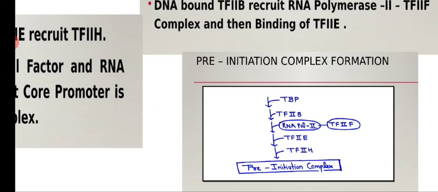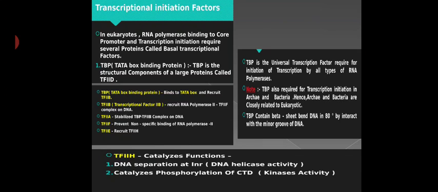Transcription factor 2F mainly prevents the non-specific binding of RNA polymerase 2. Then transcription factor 2E recruits transcription factor 2H. Transcription factor 2H performs the main function, that is separation of DNA, and it catalyzes the phosphorylation of the CTD.